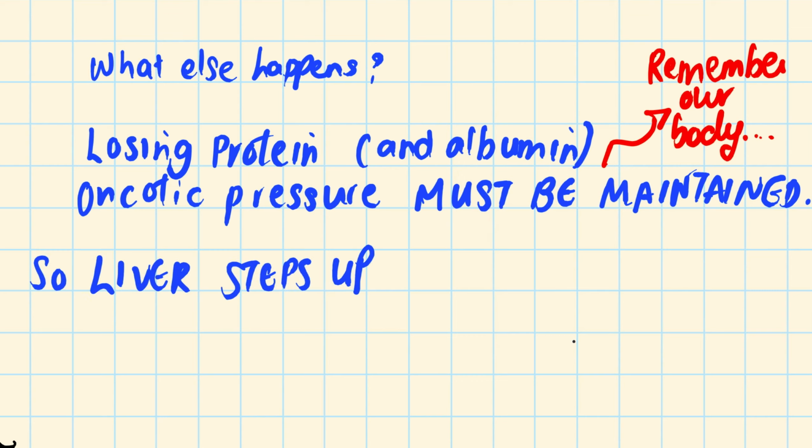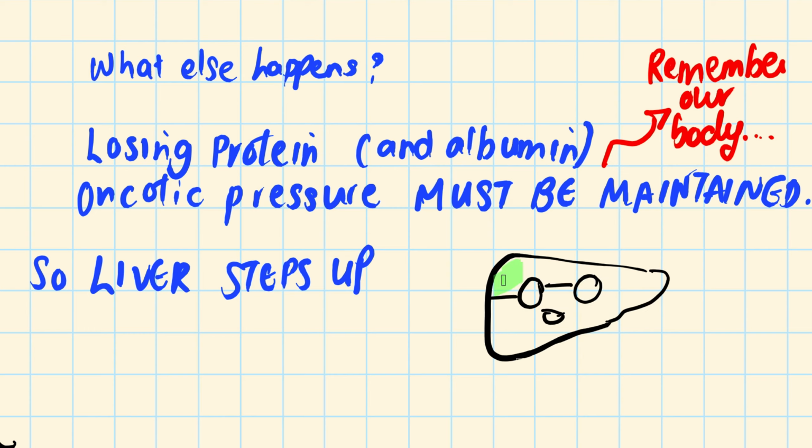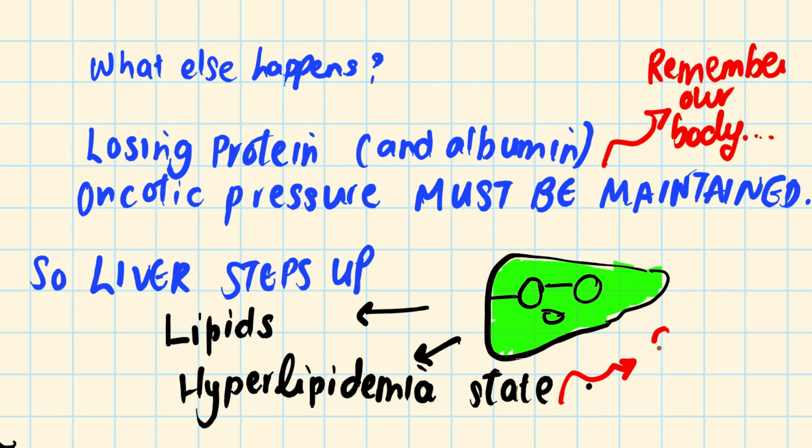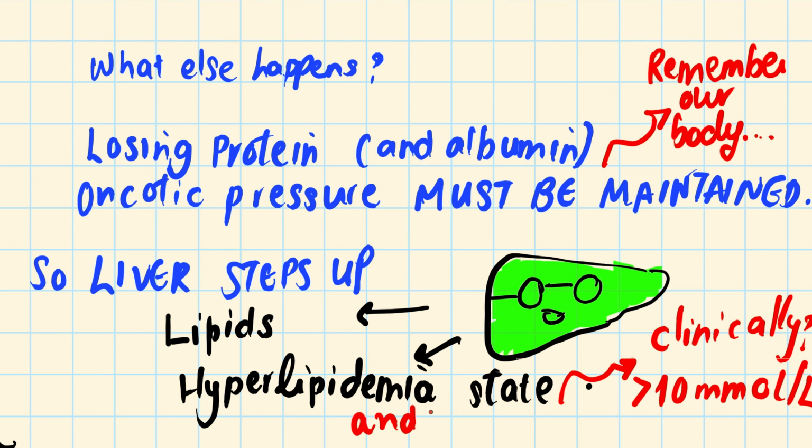The liver is going to step up and try and compensate for that dysregulated oncotic pressure, and the liver will start to produce lipoproteins. The production of lipoproteins will enter our body into a hyperlipidemia state, and clinically it's more than 10 millimoles per liter.